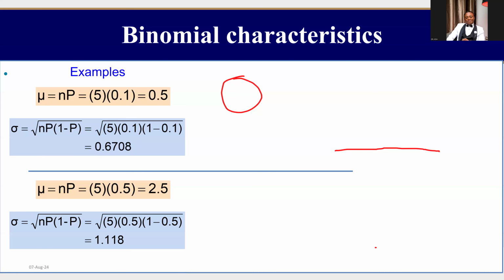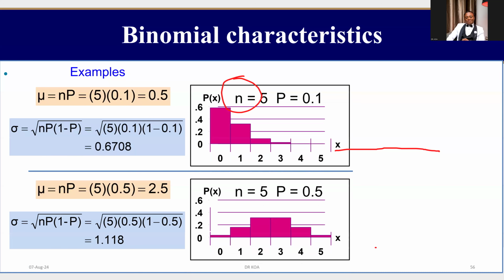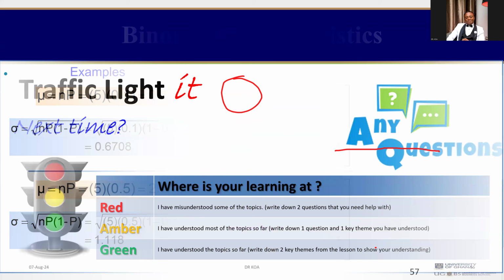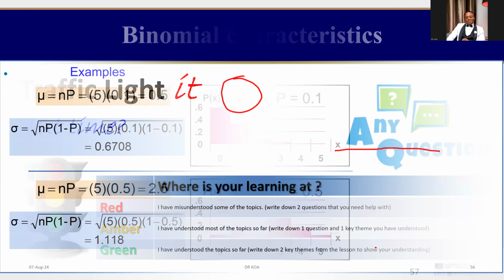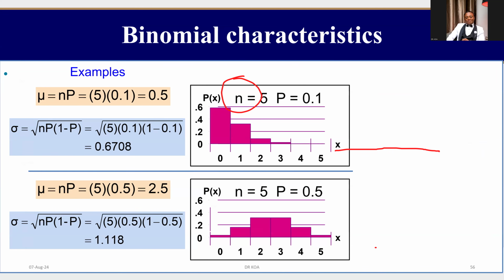If they change, the standard deviation will be different from this one, and you can draw both of them. Remember this is binomial, so the options are just 0 and 1, presence and absence. So that was a bit of the binomial distribution that we looked at the last time.